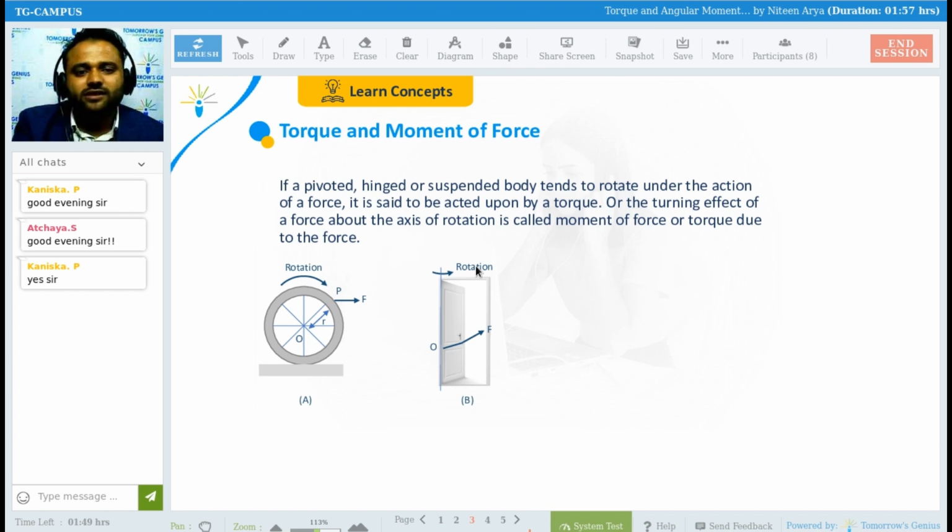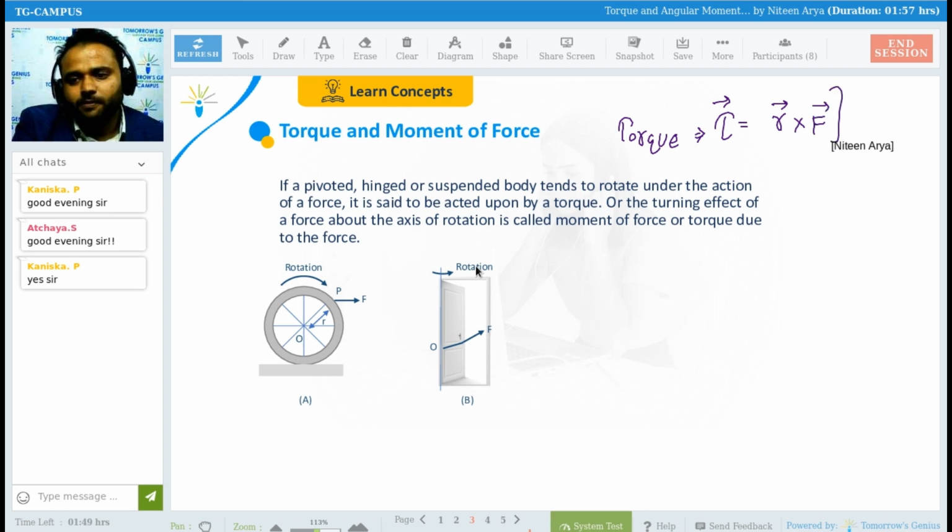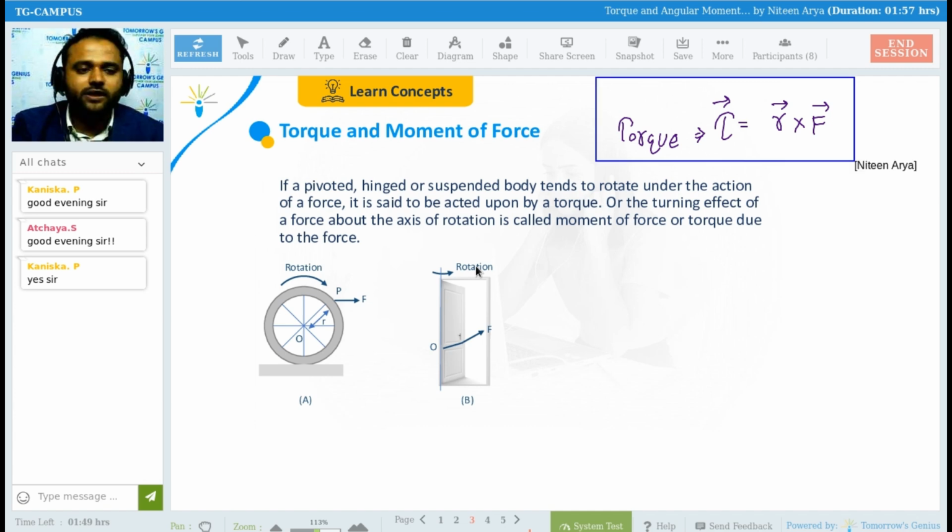This is known as moment of force, or torque, T-O-R-Q-U-E, defined as the cross product r cross F, where r is the perpendicular distance from the fixed axis.